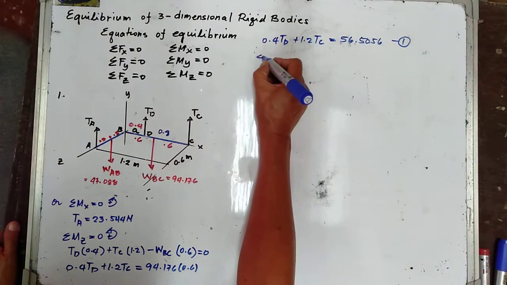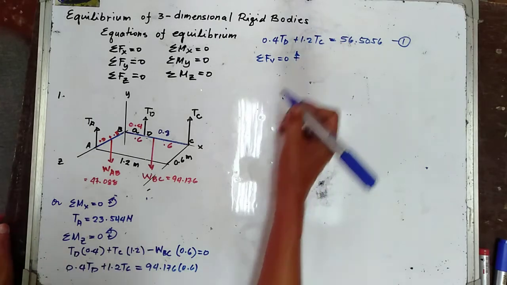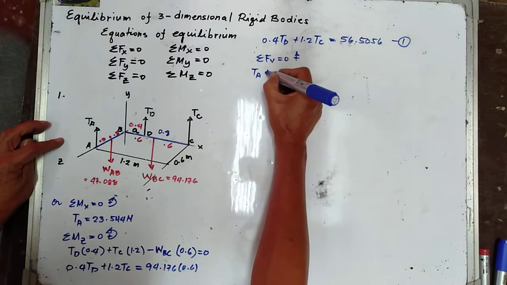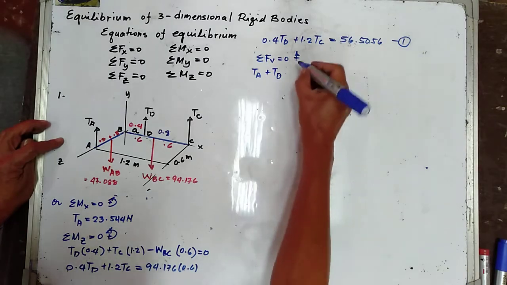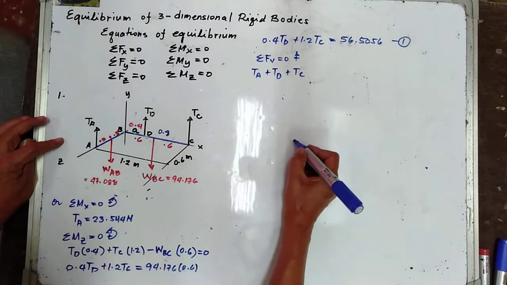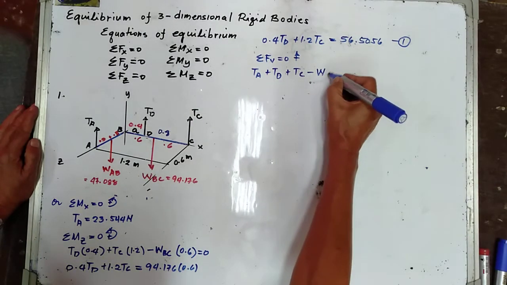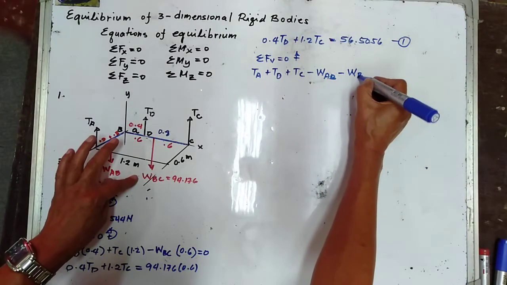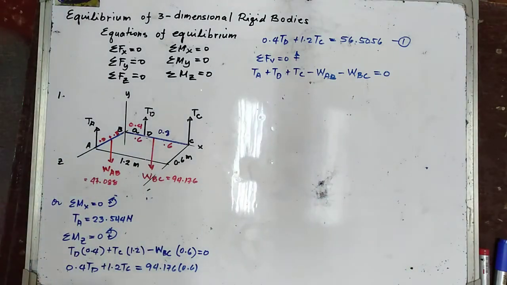Next, summation of forces vertical is equal to 0. We have upward forces positive. So we now have TA plus your TD plus TC minus WAB minus WBC is equal to 0.